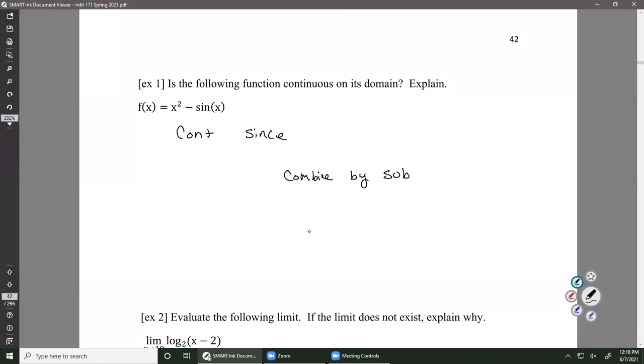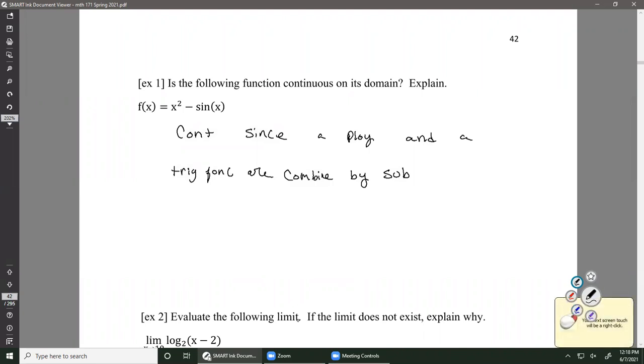Yeah, so continuous since a polynomial and a trig function are combined by subtraction. Let's go a little bit further in depth. Let's pretend we're talking to someone who really doesn't know this.